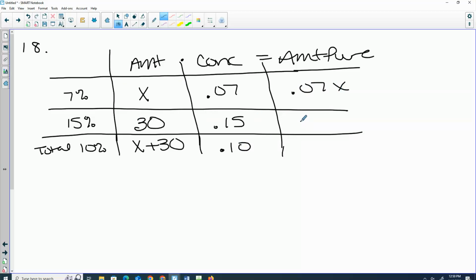30 times 0.15, 4.5. This one you have to distribute. Once you get that column, how do we get our equation? It's always first plus second equals total.